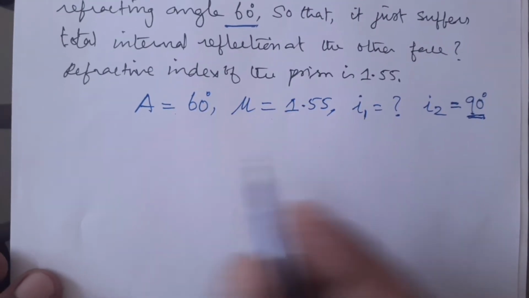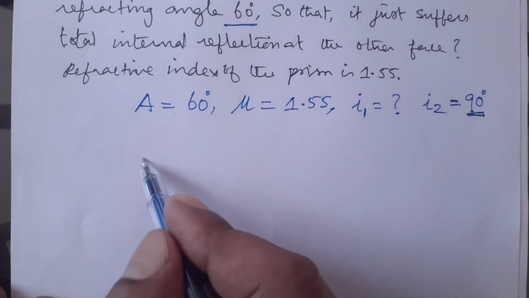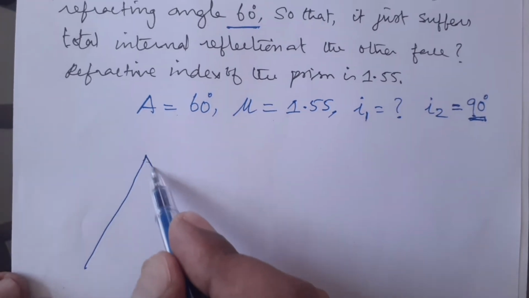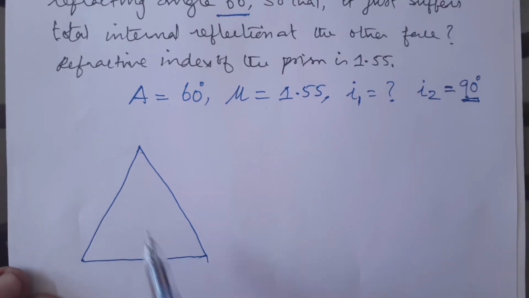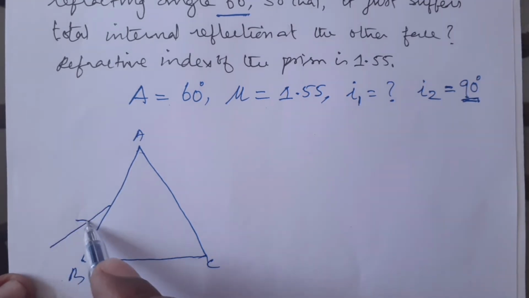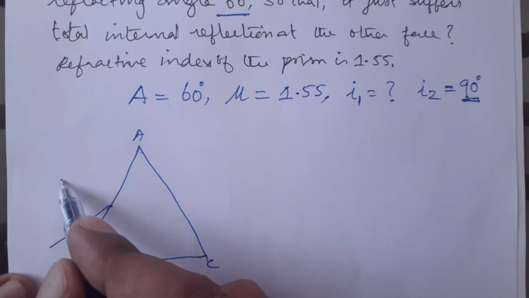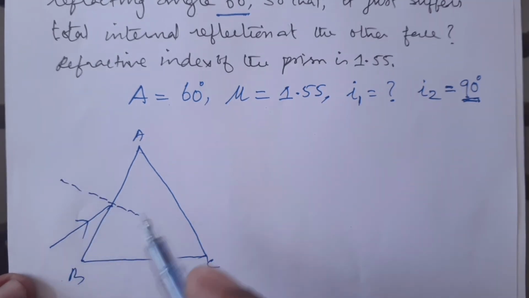I will draw a rough diagram here supporting the problem. Draw one triangle like this, A, B, C. Now a ray is incident at the face AB. Just draw a normal to this.